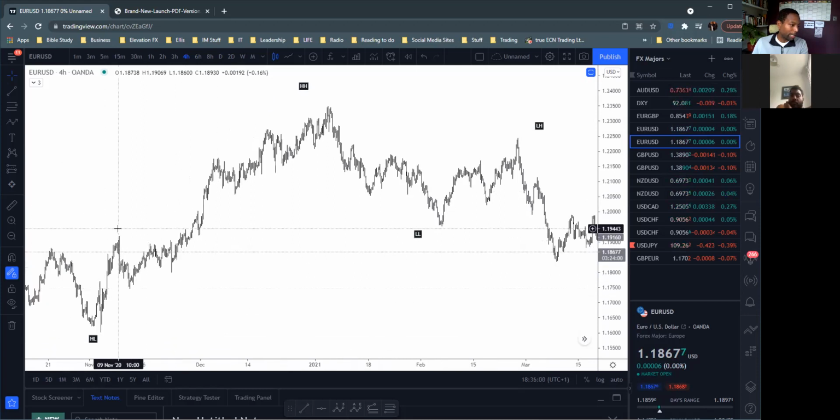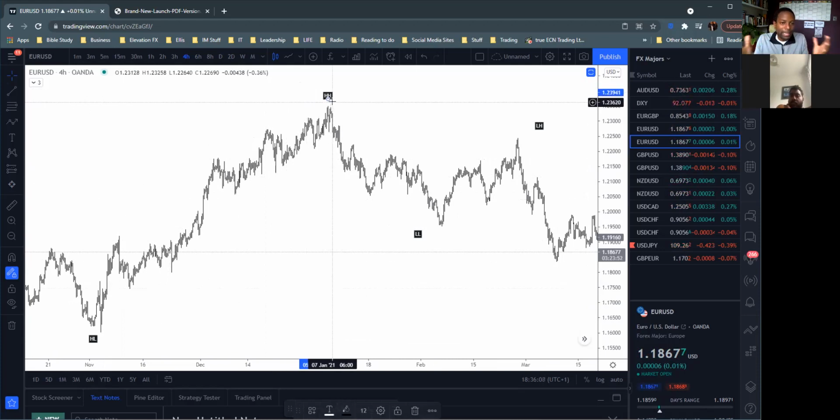There's a higher high, higher low, higher high, higher low, last higher high. We can draw them exactly the same as before, just on the 4 hour chart instead of on the 1 day chart. I'm not going to put them all in, but I'm sure you get it. Let's call it that one there for now.